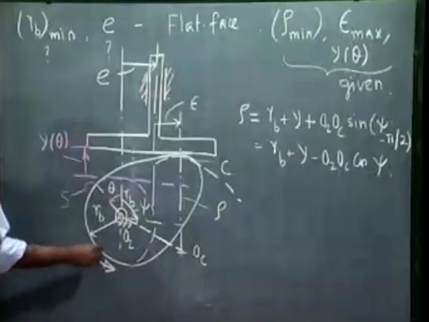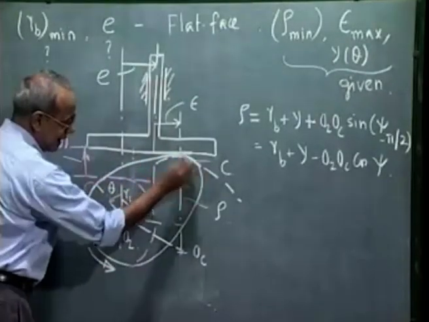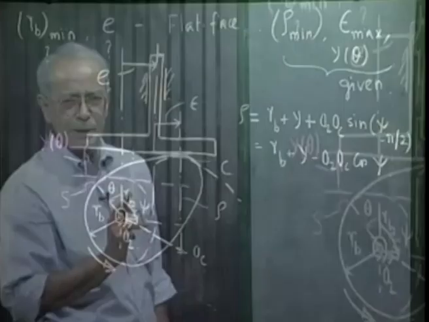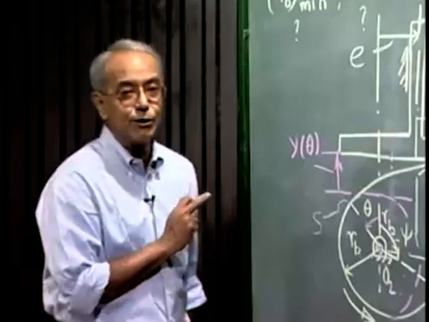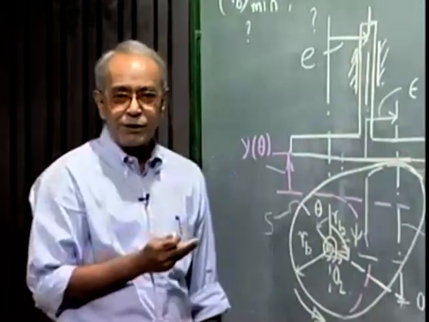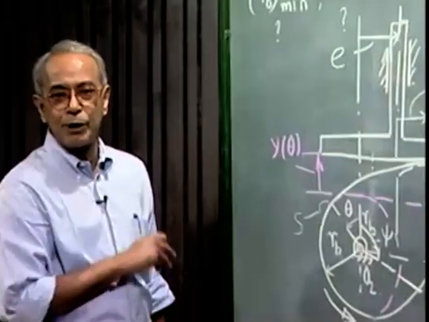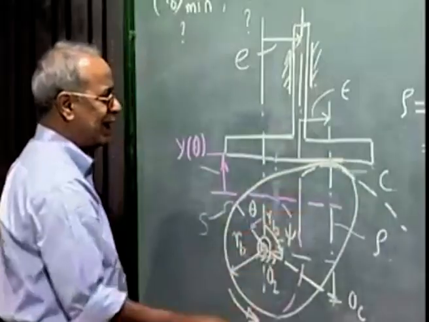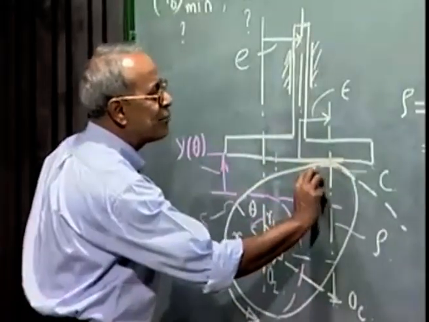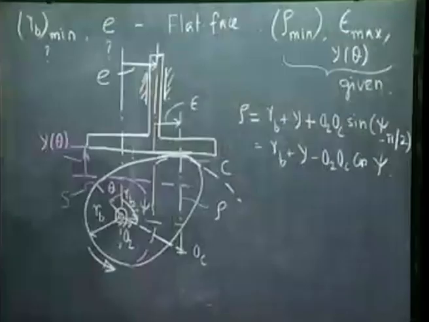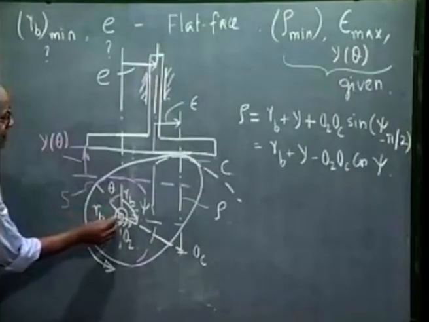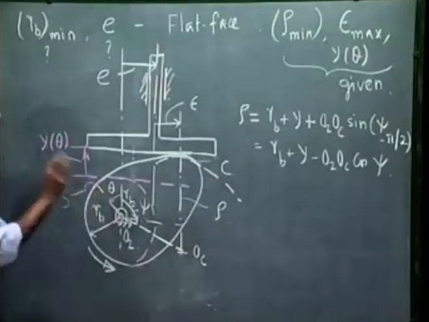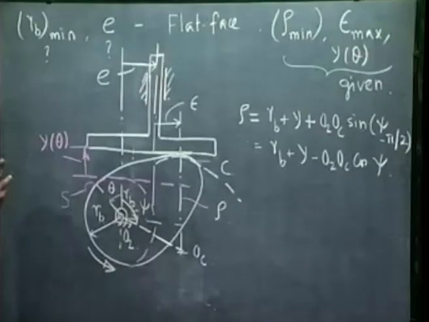Similarly, if I replace this cam by this circle, and this equivalence is true only for 3 infinitesimally separated positions. That is very important, as we learned during the equivalent mechanisms for higher pair mechanisms by lower pair linkage. That radius of curvature is same for this circle and this cam profile. So I can replace this cam by this circle up to 3 instants. And now we see this O2, S and OC, they are not moving at least for 3 infinitesimally separated instants.